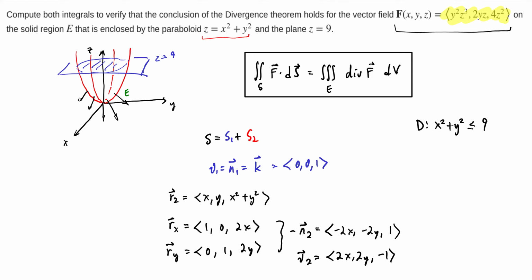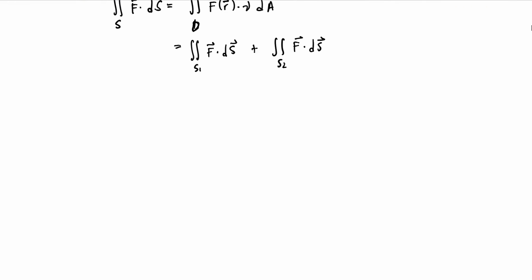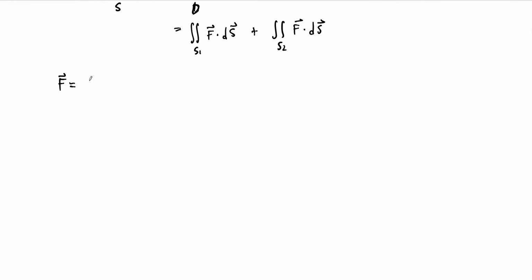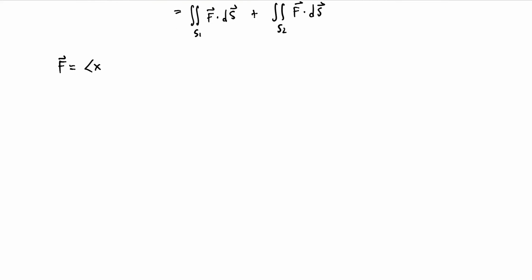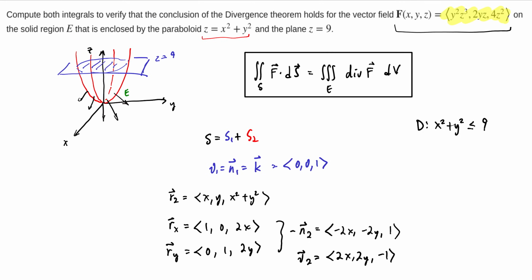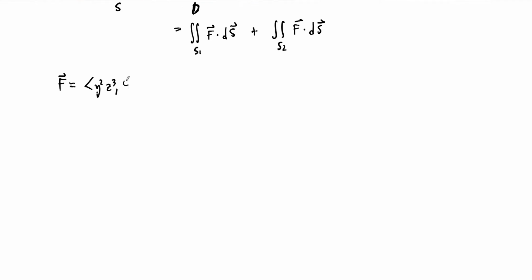So I'm going to rewrite this vector field down here so that we can work with it. It's F equals y squared z cubed, 2yz, and 4z squared.